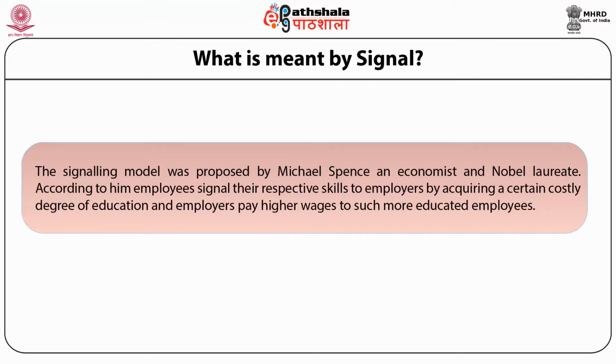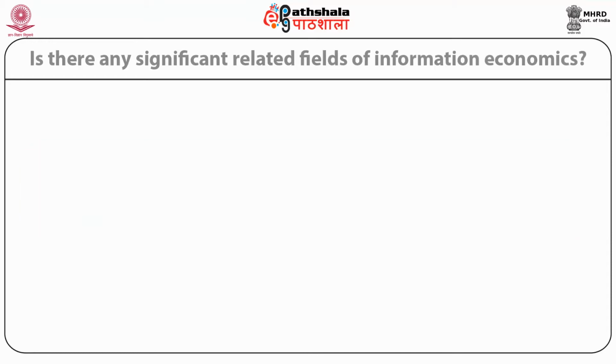So, by attaching a degree certificate as a proof of having attended a certain college, the prospective employee signals to the employer that he has the necessary skill to do the job. Such signals remove the information asymmetry in the job market, where employers know less about the prospective employees.